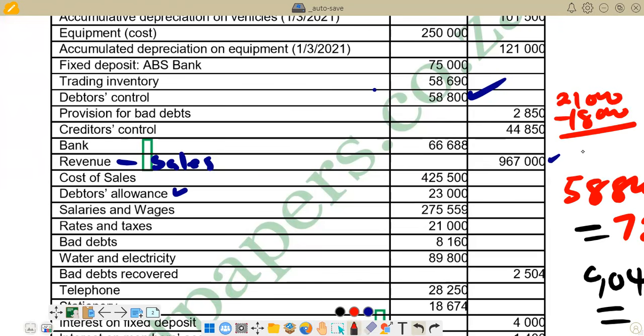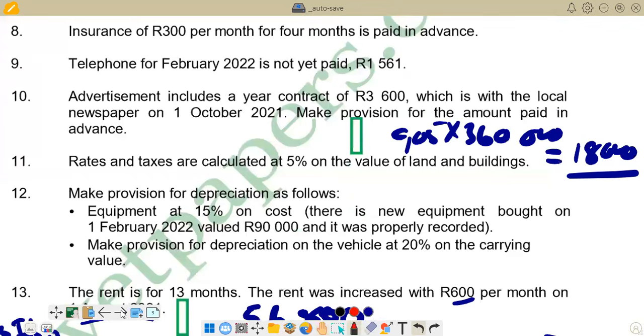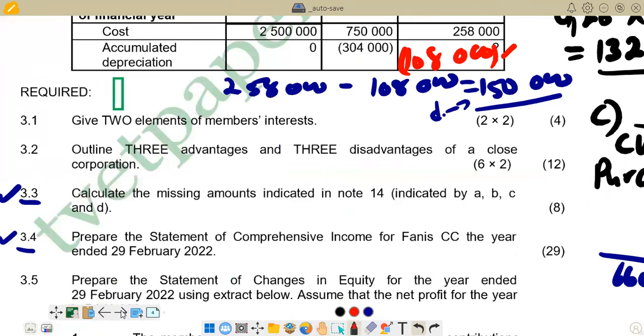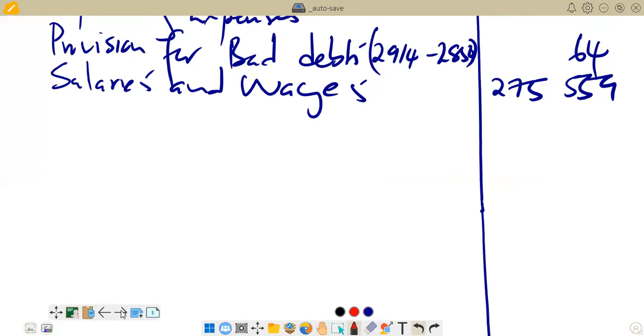We get 3,000 there. So this one is supposed to be subtracted from 21,000 so that it comes back to the correct amount, which is 18,000. So we just summarize that one, 21,000 minus 3,000, in the answer section that we have there. It's supposed to be rates and taxes.